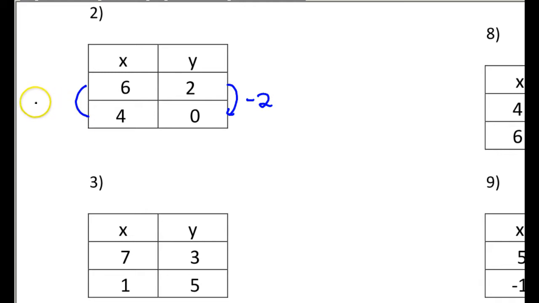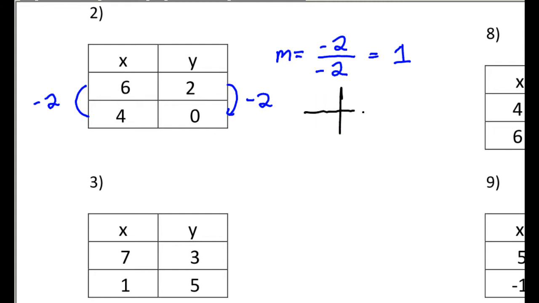Not 2. Negative 2. 6 minus 2 is 4. So we have negative 2 over negative 2, which equals 1. Positive. How does it equal 1? It does.